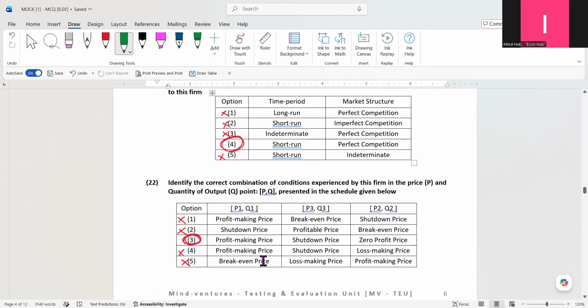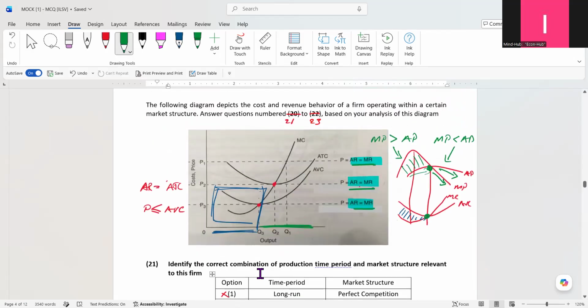Question 22. Identify the correct combination of conditions experienced by the firm in the price and quantity of output P and Q presented in the schedule given below. P1, Q1. Let's see.